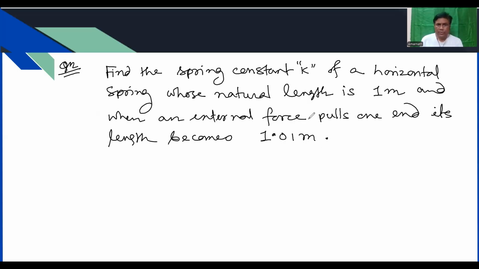When an external force F equal to 10 Newton pulls one of its ends, its length becomes 1.01 meter. That part also you should write. It means the situation is like this. Say this is the spring, and now its length is 1 meter.